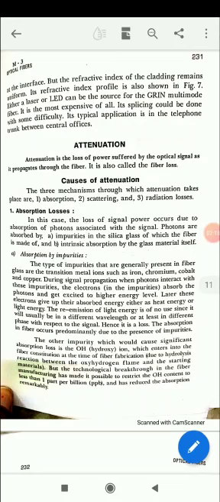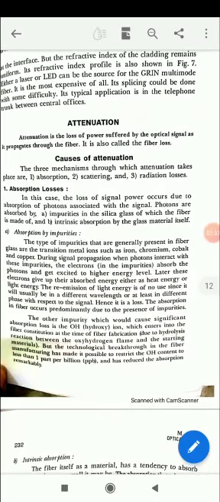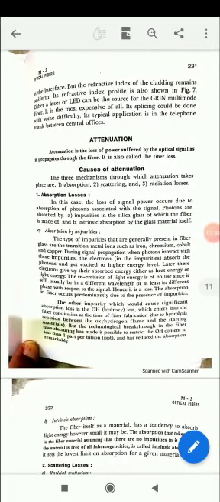So attenuation is measured in terms of a factor called attenuation factor or attenuation coefficient, which is denoted by alpha. And see here it is given by alpha equals minus 10 by L log 10 of P output divided by P input, measured in decibel per kilometer.